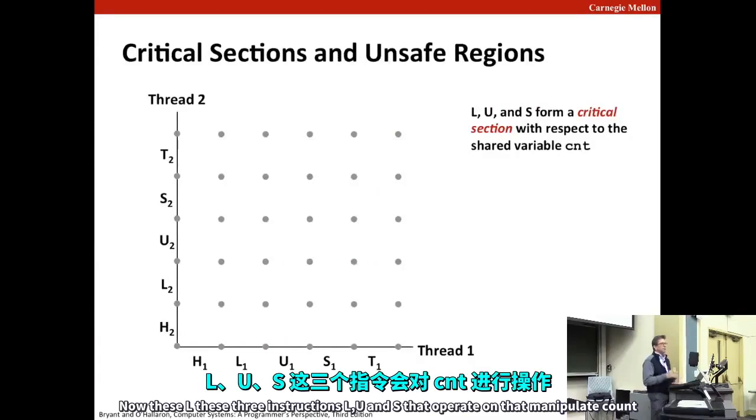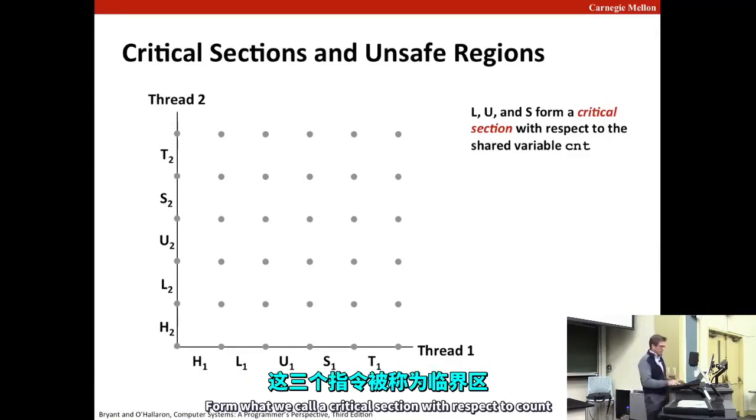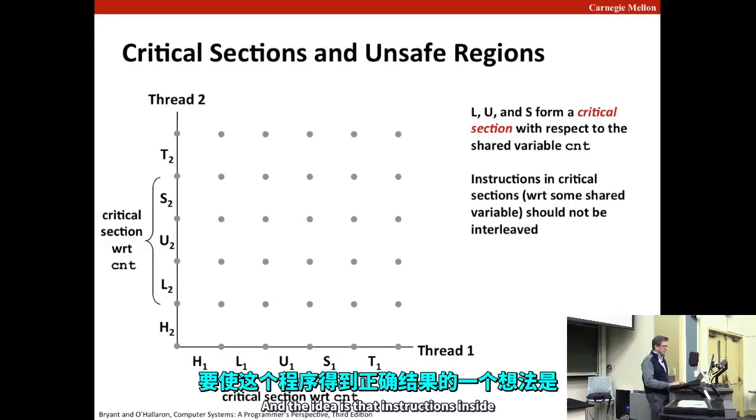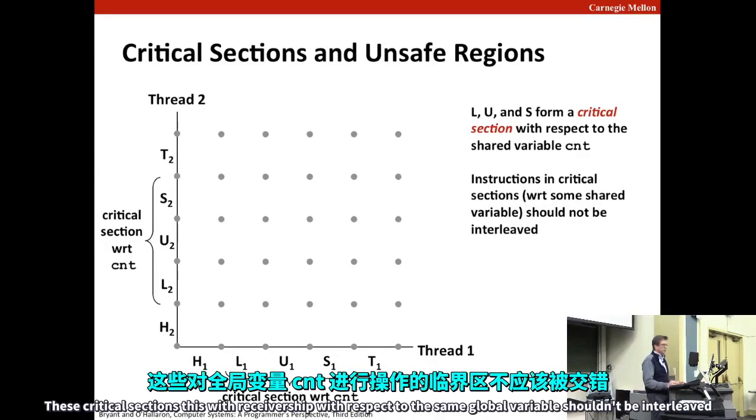Now these three instructions, L, U, and S, that manipulate count, form what we call a critical section with respect to count. The idea is that instructions inside these critical sections, with respect to the same global variable, shouldn't be interleaved.